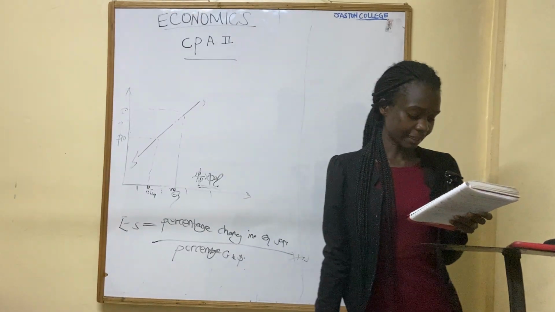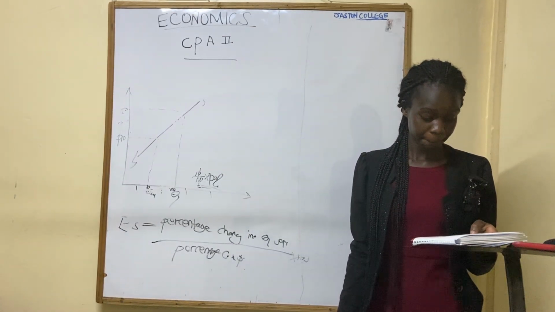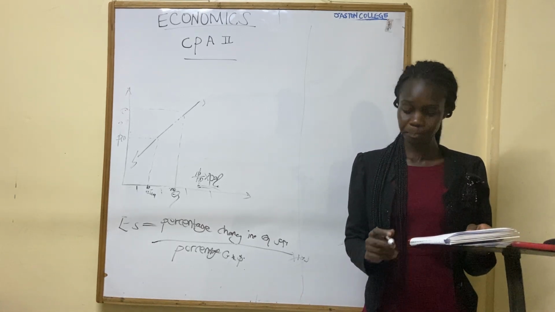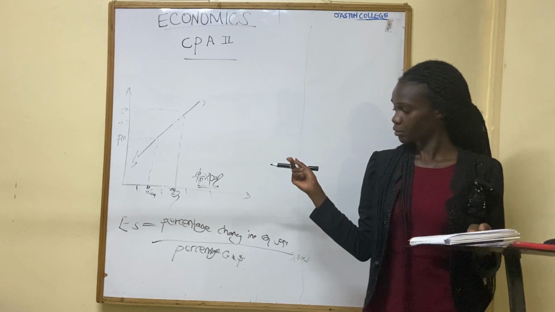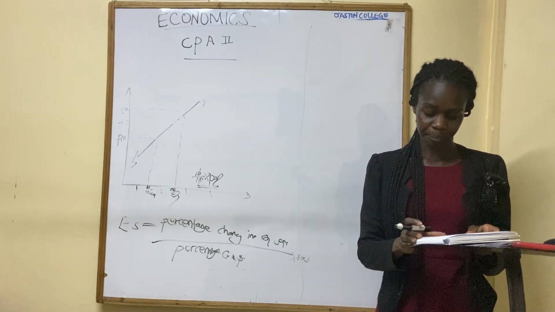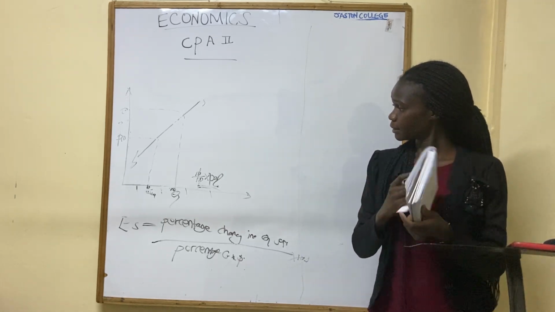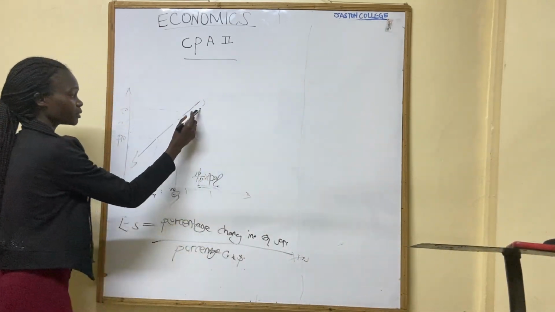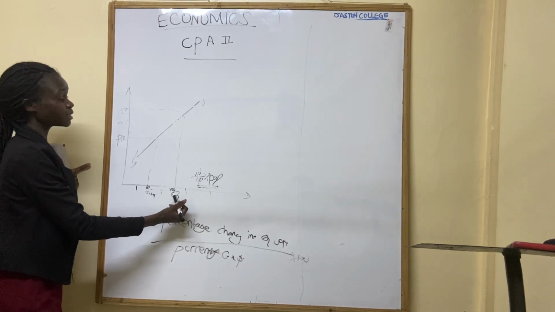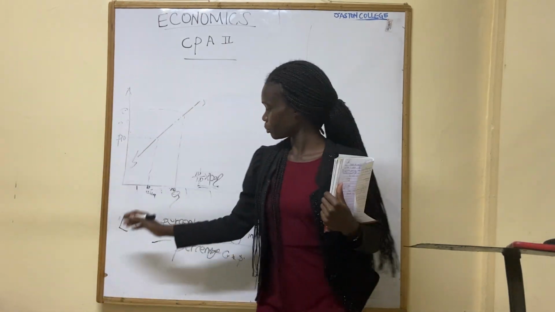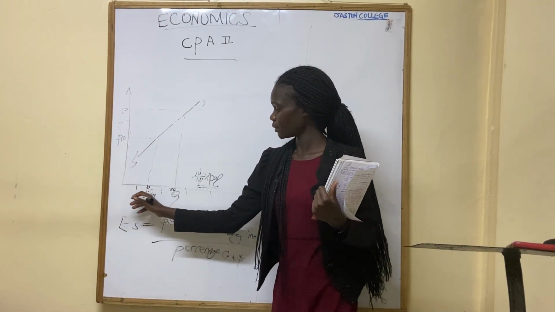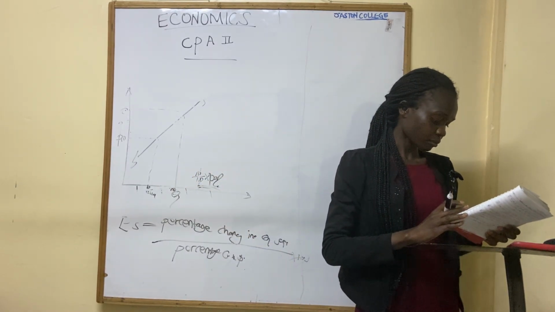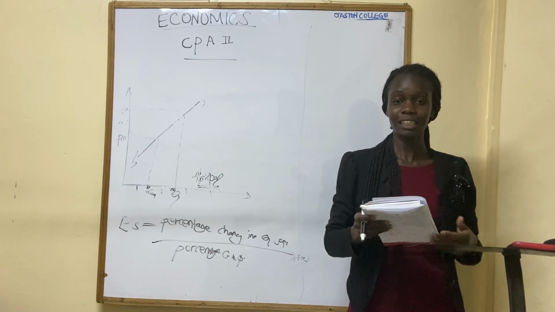The fourth one is elastic supply. In elastic supply, when the price changes, it brings about a change in quantity supplied at a larger proportion. The fifth one is perfectly elastic supply.